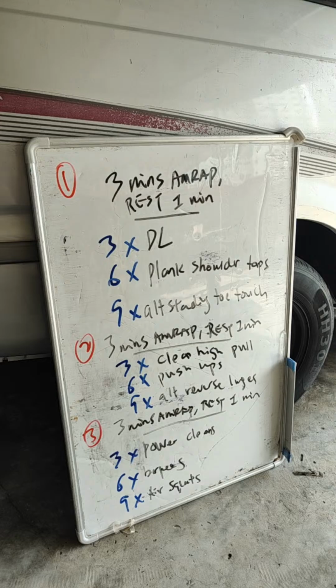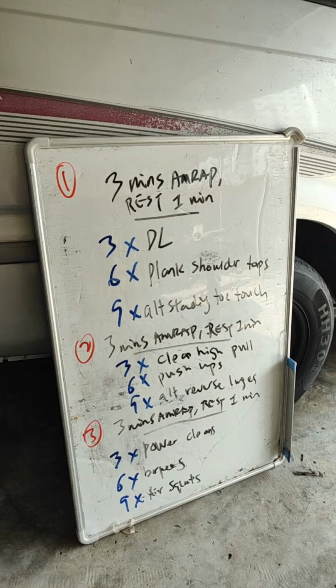Same goes to set number 2. 3 minutes, as many rounds as possible. But this time, the movements will be slightly different. The rep schemes will still be the same. 3 clean high pulls, 6 push-ups, and 9 alternating reverse lunges.